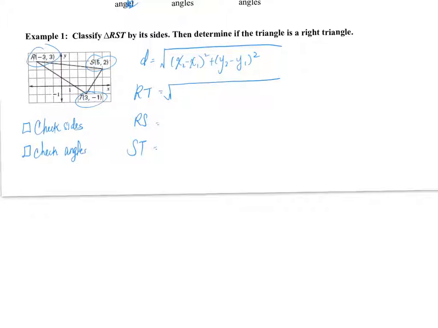So then we have 3 minus -3, which is just 3 plus 3, squared, plus -1 minus 3 squared, and that would equal the square root of 52. And for the distance between R and S, we have -3 minus 5 squared and 3 minus 2 squared.